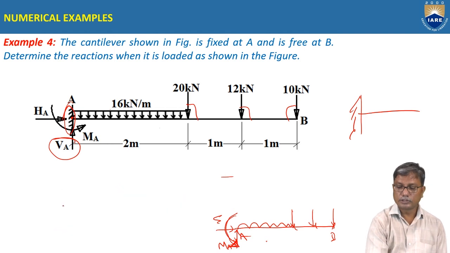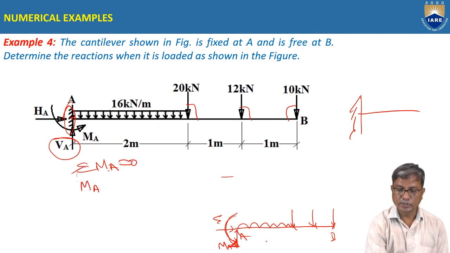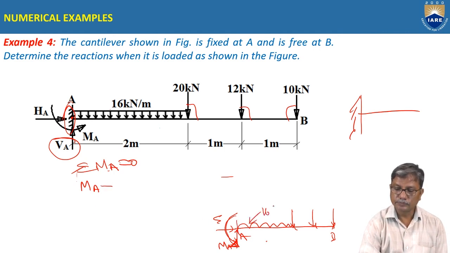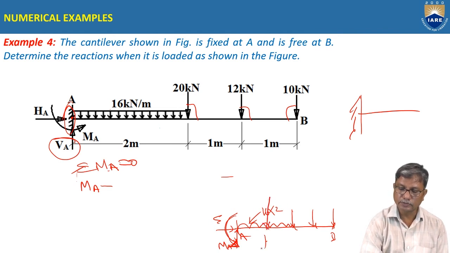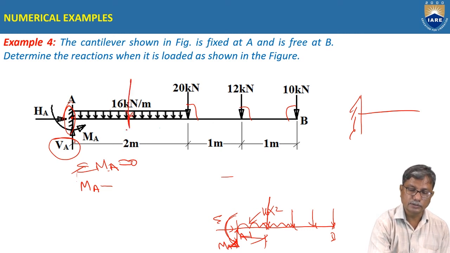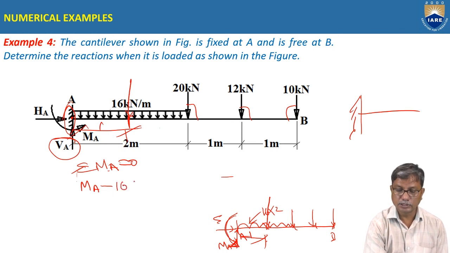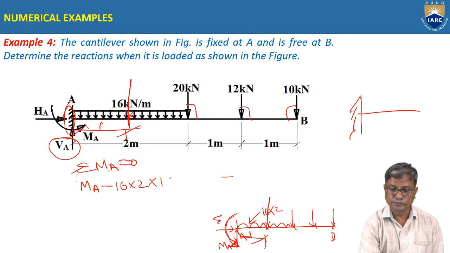Sigma MA equal to 0 gives MA, which is anti-clockwise, minus 16 into 2, the total load, which acts at the middle, at a distance of 1 meter. So minus 16 into 2 into centroidal distance 1.